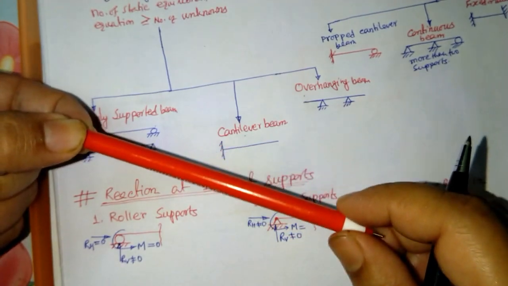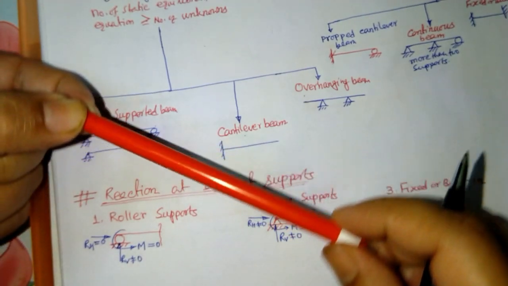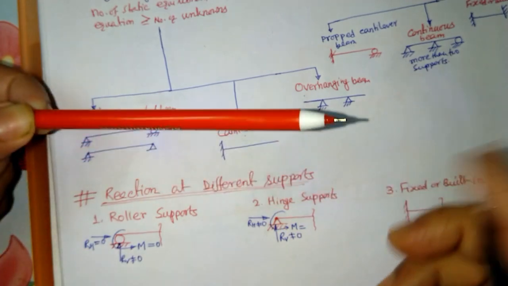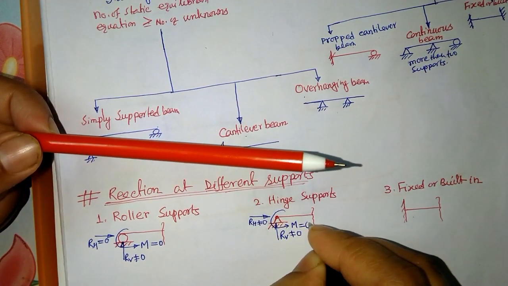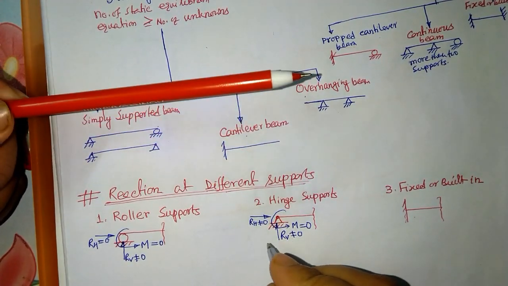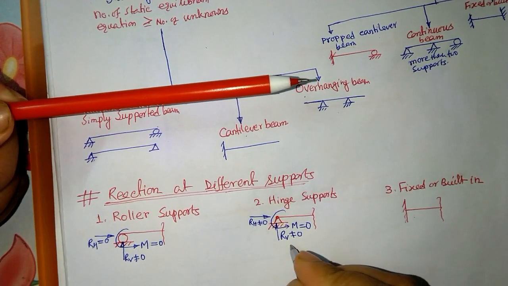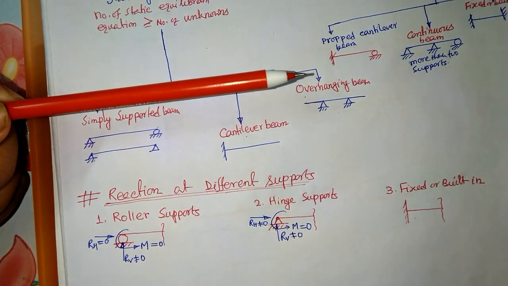If there were a reaction, it couldn't rotate. So for hinge support also, the moment reaction will be equal to 0. So hinge support only gives horizontal reaction as well as vertical reaction.